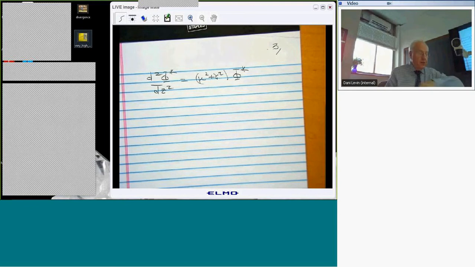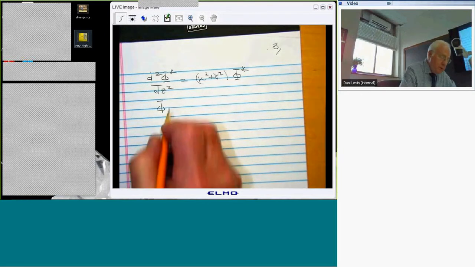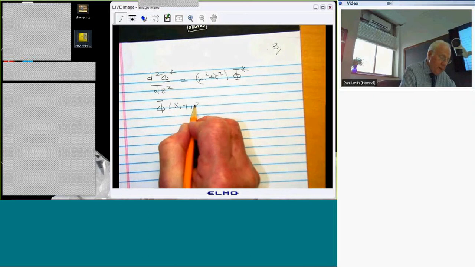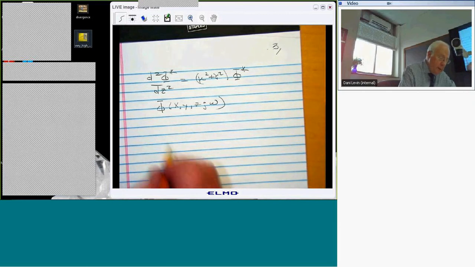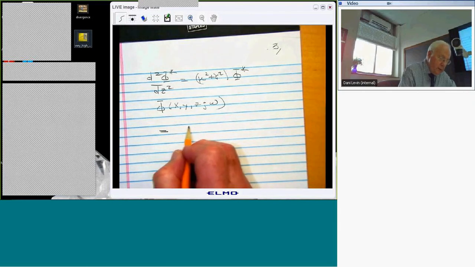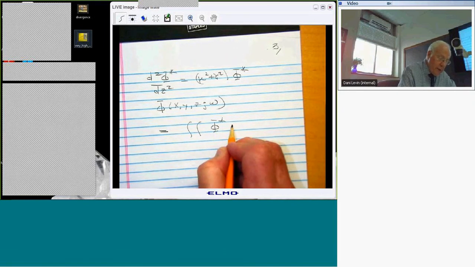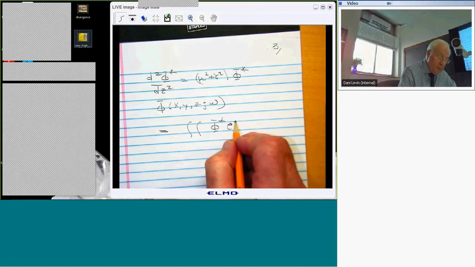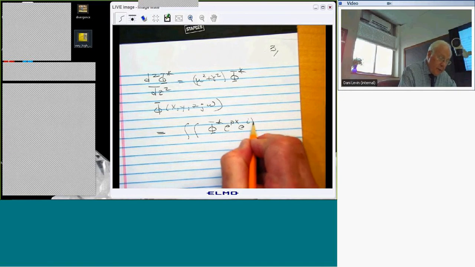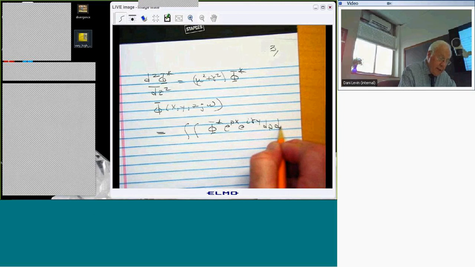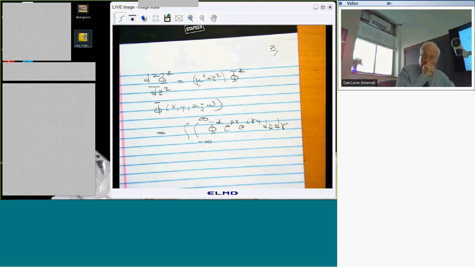So if I want to go back to phi bar, which depends on x, y, z, and of course parametrically it depends on omega, it is the inverse of capital phi star e to the plus px e to the i gamma y dp d gamma, and the integral over gamma is minus to plus infinity.